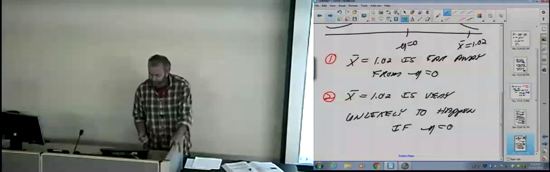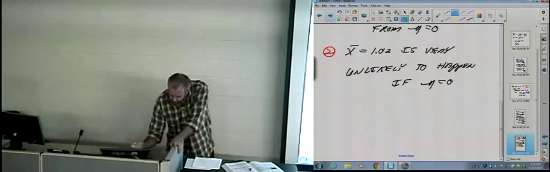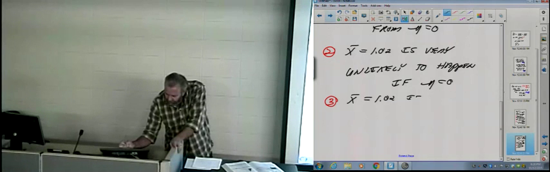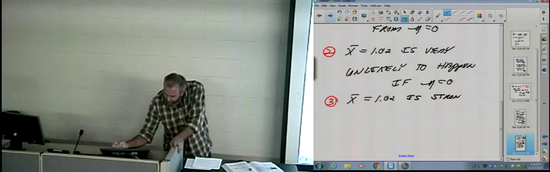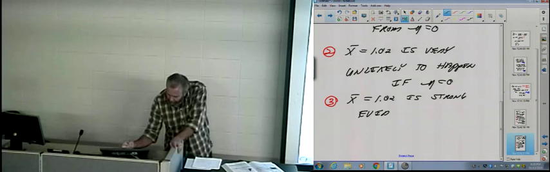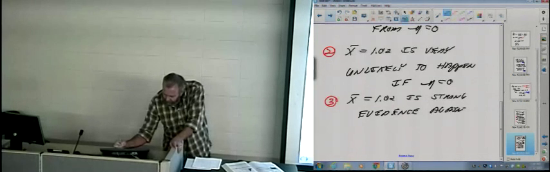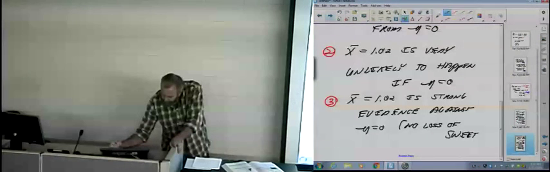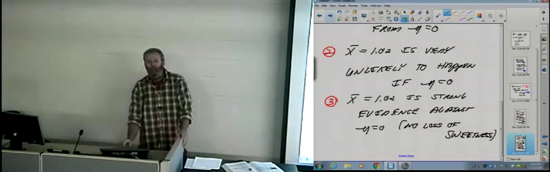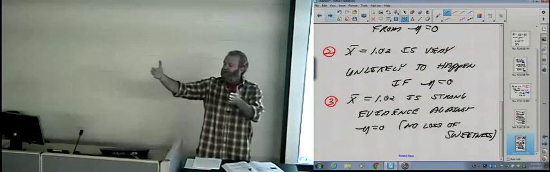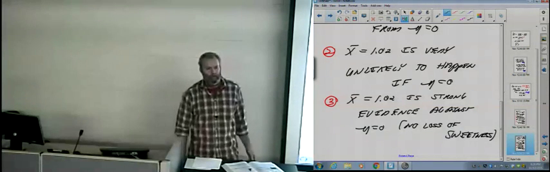Number 3. X bar equals 1.02 is strong evidence against mu being 0. No loss of sweetness. So if we have strong evidence, and the only reason we have strong evidence is because X bar is 1.02, so far away from the center, right?